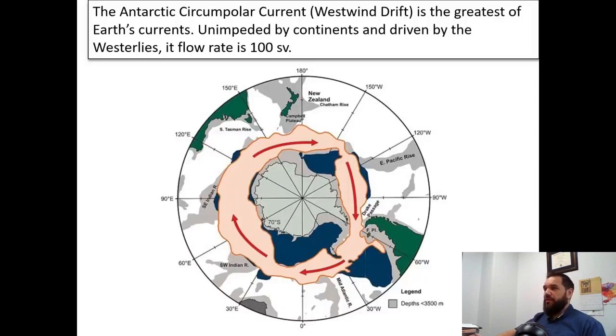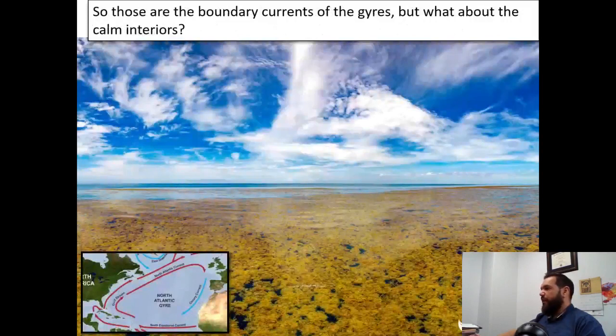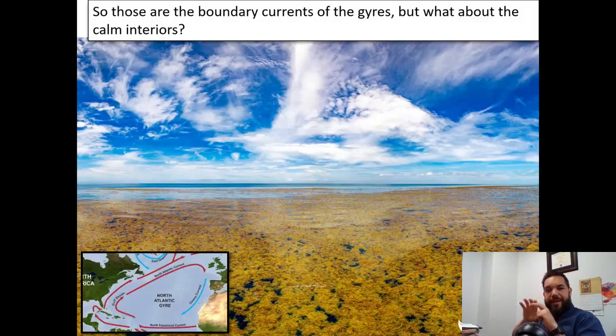It's much stronger than the Gulf current, and it just goes unimpeded by continents, right? So in this picture, you're looking at Antarctica, and you can see that basically the water just flows around and around Antarctica, driven by the westerlies, okay? So it's just a single transverse current, right? It doesn't have western or eastern boundaries.